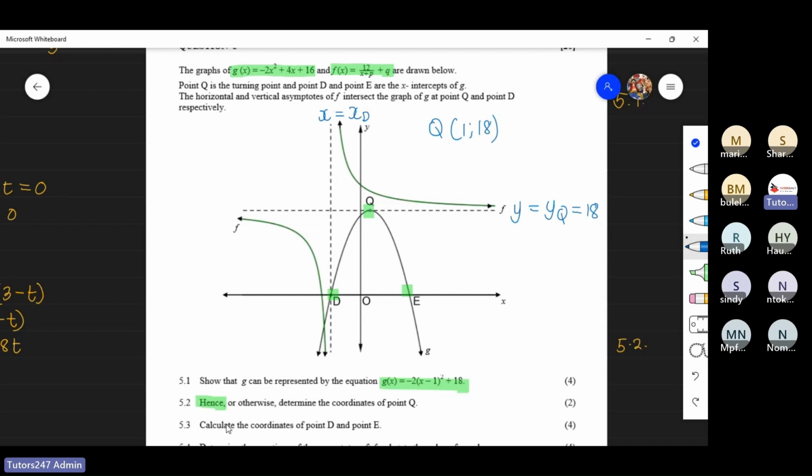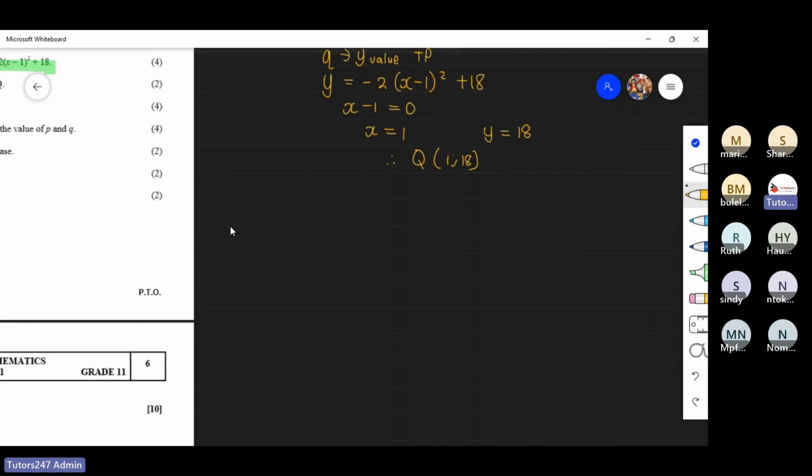So if we look at question 5.3, calculate the coordinates of D and E. As you can see, D and E represent the x-intercepts of our parabolic function. When you are dealing with x-intercepts, always remember that the y values of those x-intercepts are 0. So let us calculate our x-intercepts.